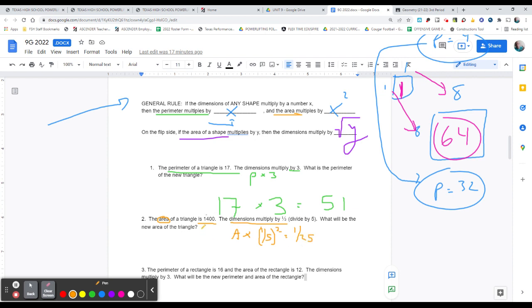So if this original area is 1400, we're going to multiply 1400 by 1/25th to get the new area. All right, so the new area is going to be 56.